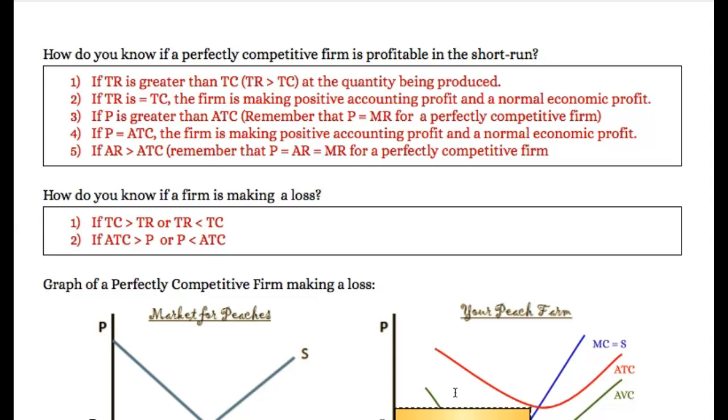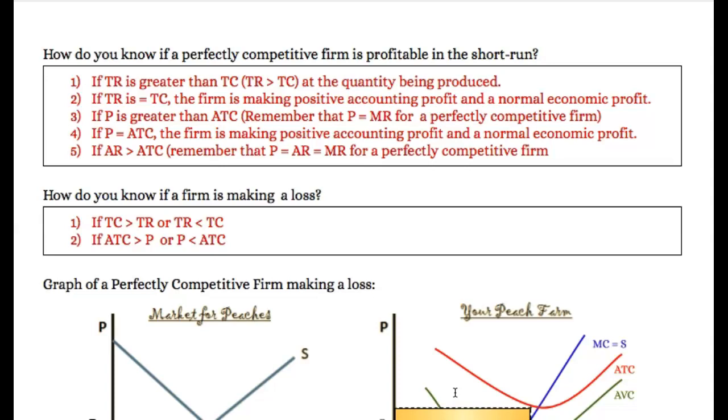Now, sometimes if you look at these graphs, you might wonder, how do you know if you don't have TR and TC? What if you've got ATC and price or something else? Well, remember, on these graphs, that horizontal line means a lot of different things. So if your price is greater than your average total cost, you're making a profit.